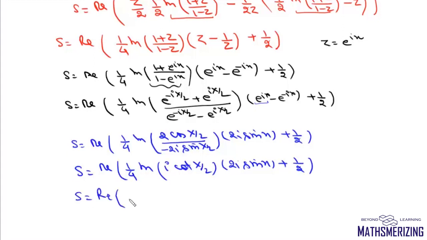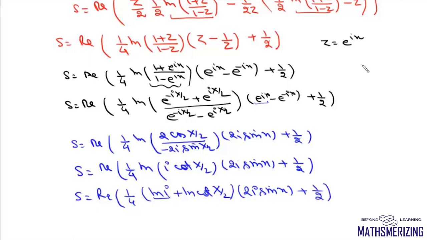Now we can write this as a real part of 1 by 4, and here it will be log iota plus log cot x by 2, and then 2 iota sin x plus 1 by 2. So now we know that iota is e to the power iota pi by 2. So log iota, its principal value, will be iota pi by 2.